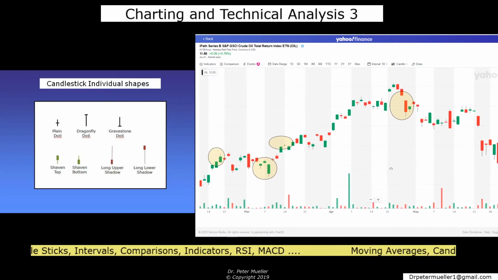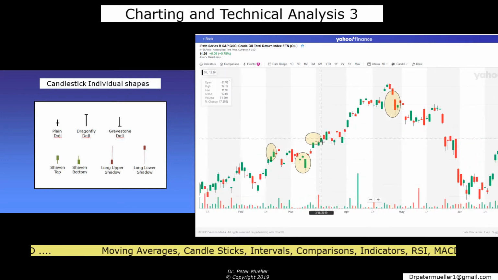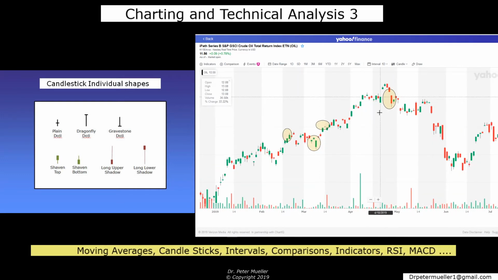And here you can see a doji. That means the opening price is the same as the closing price, and we had some volatility during the day upwards and downwards. So during the day it had higher and lower price points.